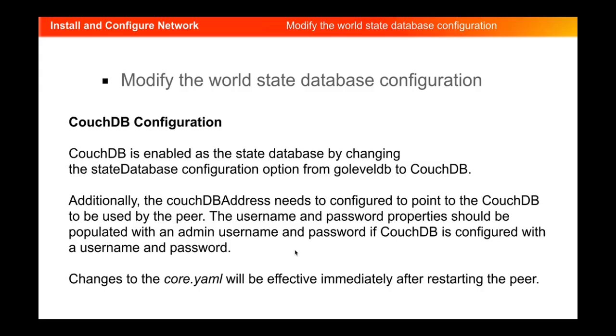The summary is whenever you change the database from GoLevelDB to CouchDB, like any other database, if you have worked with MySQL, you need to give a username and password. In the same way, if you are using CouchDB, you need to give the username and password, and these changes have to be present in core.yaml.